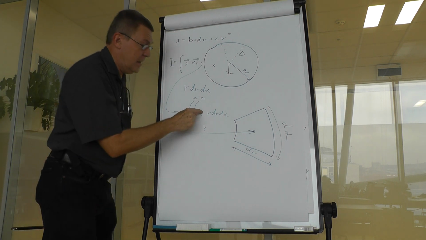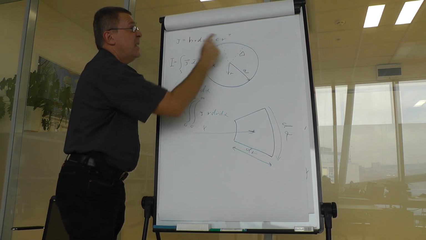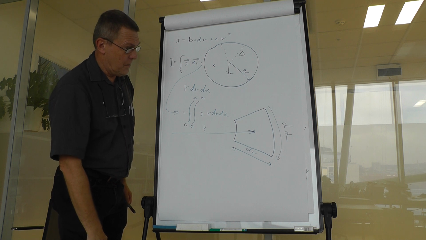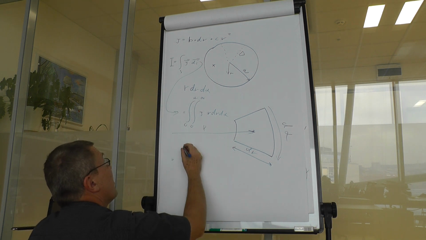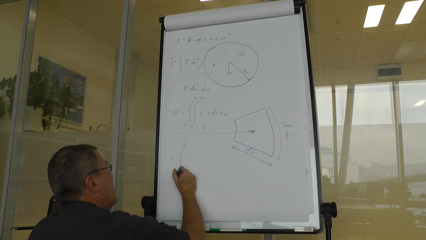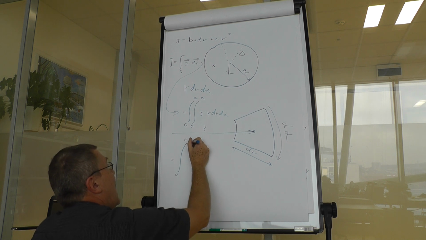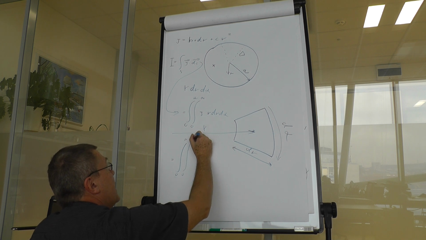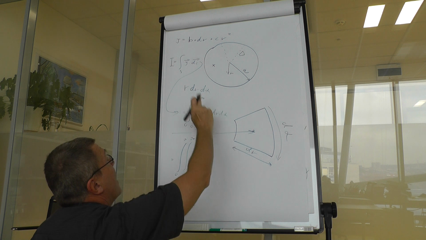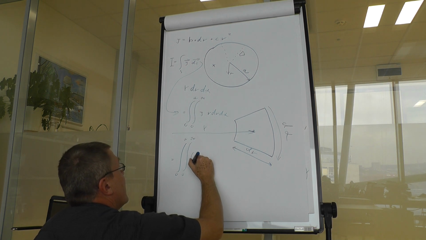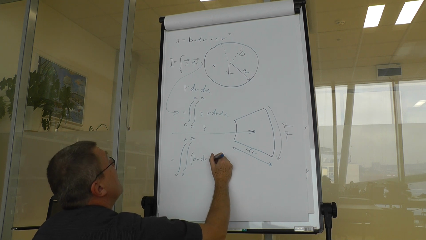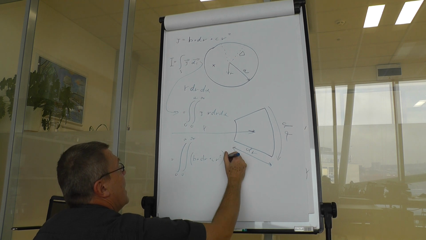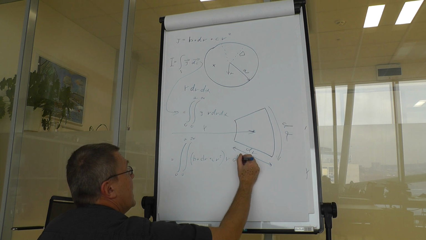Now we can substitute this expression for the J, and therefore we get an integral from 0 to a, an integral from 0 to 2 pi, b plus dr plus cr squared, r d alpha dr.